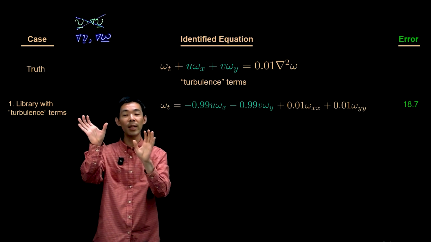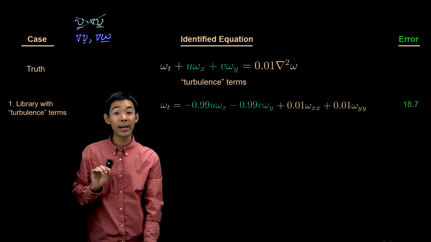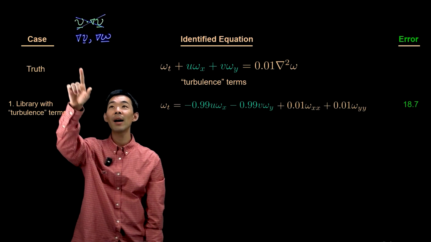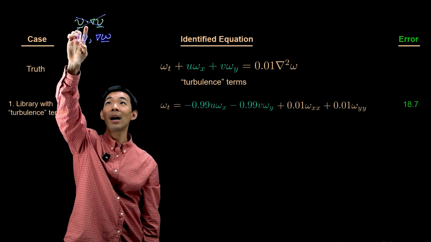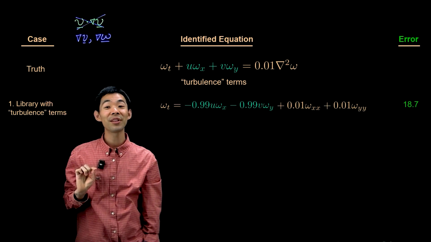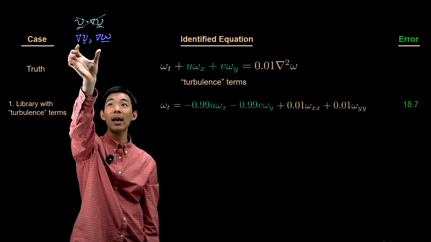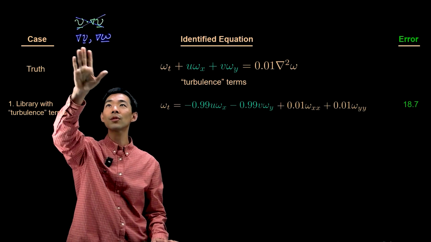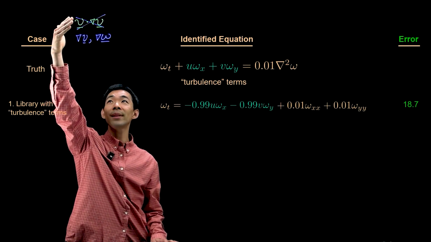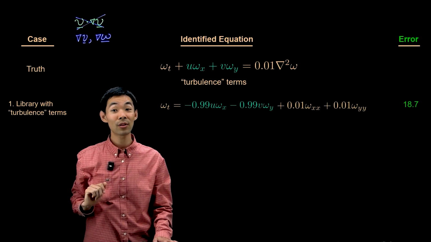So I'm still putting gradient terms inside my library, but I'm not putting in a function times the gradient of that function anymore. I'm putting gradients of V, gradients of omega, and their products with each other. I wondered, can those terms alone compensate for the lack of my v dot grad v term?